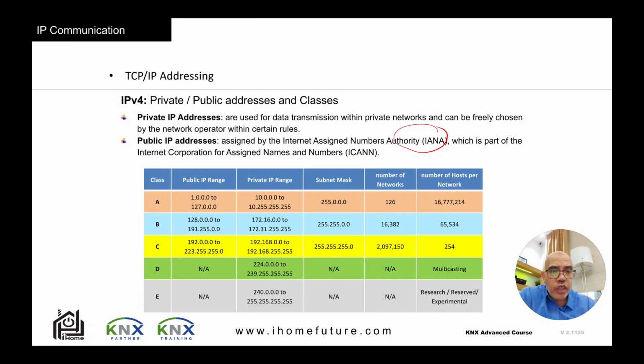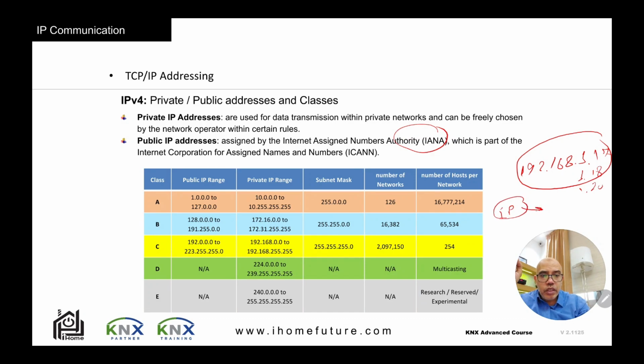So in your house, if you are using an IP address like 192.168.1.17, you find that all your IP addresses are like that, 1.18, 1.20, and so on. But you'll find that your router, when it's connected to Etisalat or your ISP, has one IP address, which we call the public IP address. This represents your router, representing your house.